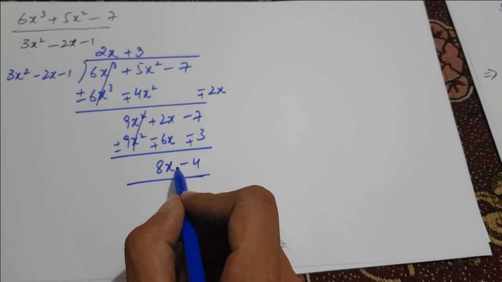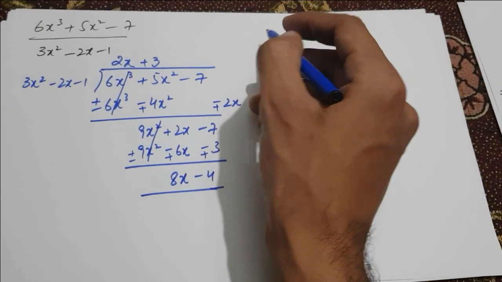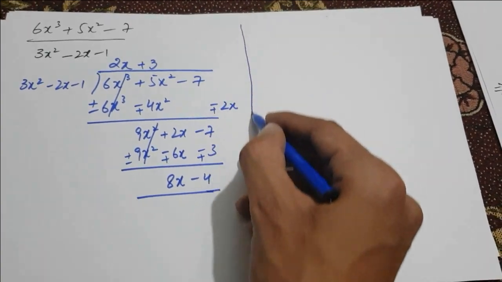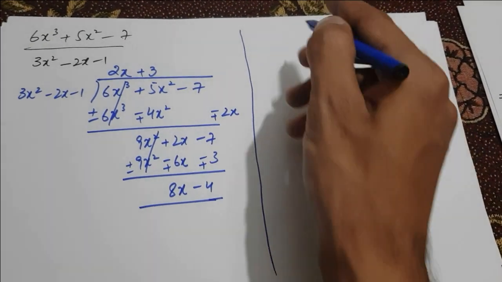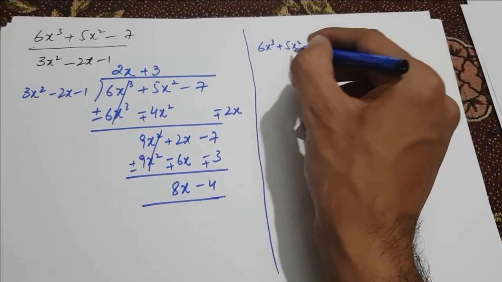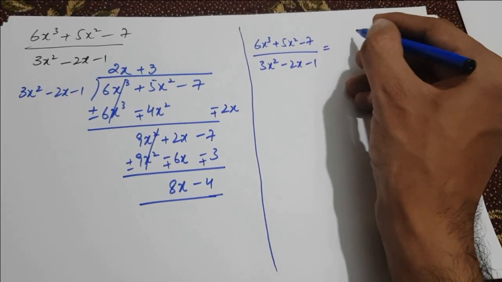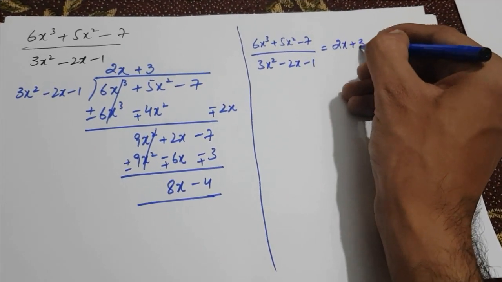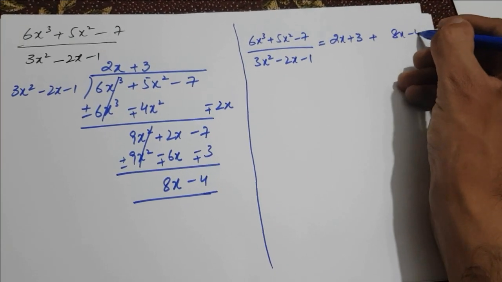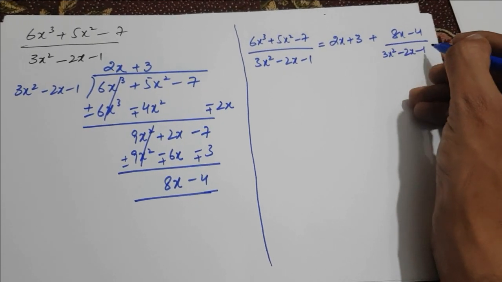Now we can see that the degree of the remainder is less than the degree of the divisor. So now we can write our resultant fraction as 6x cubed plus 5x squared minus 7 over 3x squared minus 2x minus 1 equals 2x plus 3, which is the quotient, plus 8x minus 4 over 3x squared minus 2x minus 1.